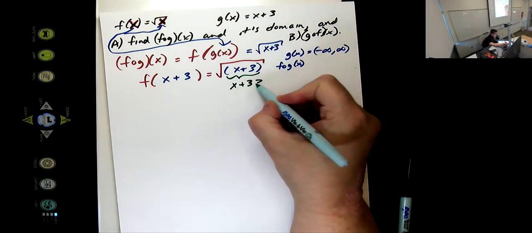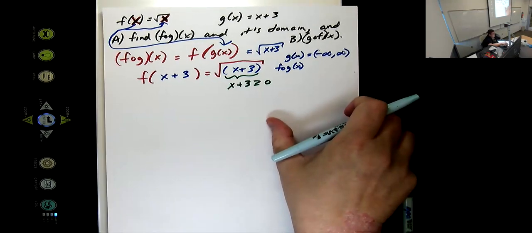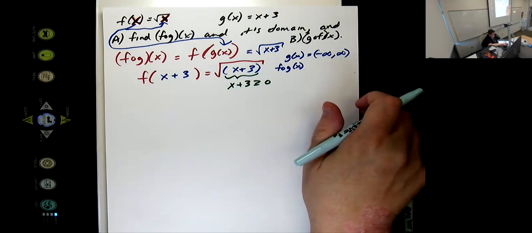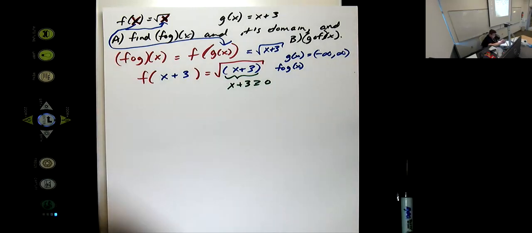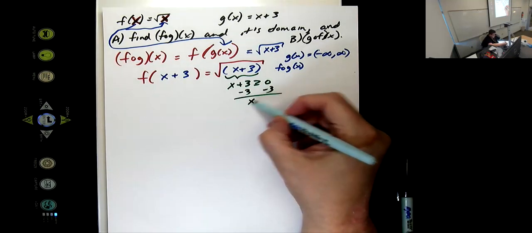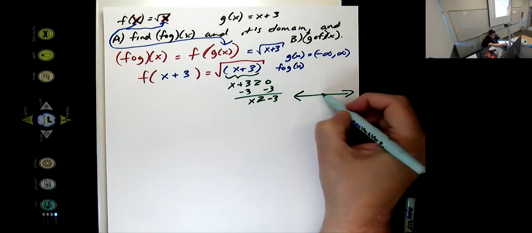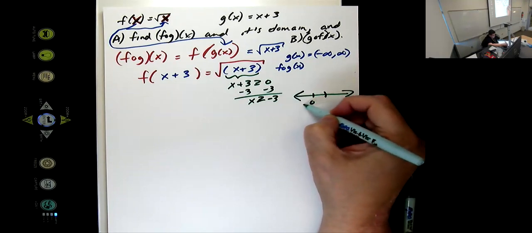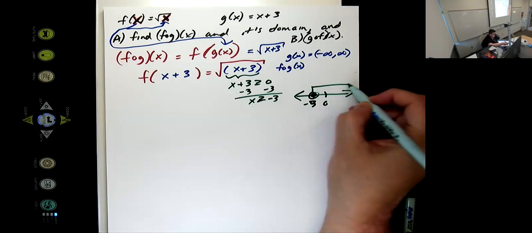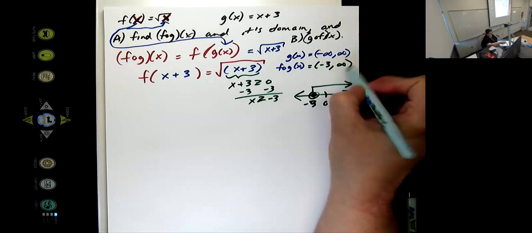Otherwise, we get complex numbers. So if I subtract 3 from both sides, we get x is greater than or equal to -3. It's a circle filled in, pointing to the right. It's -3 to infinity.